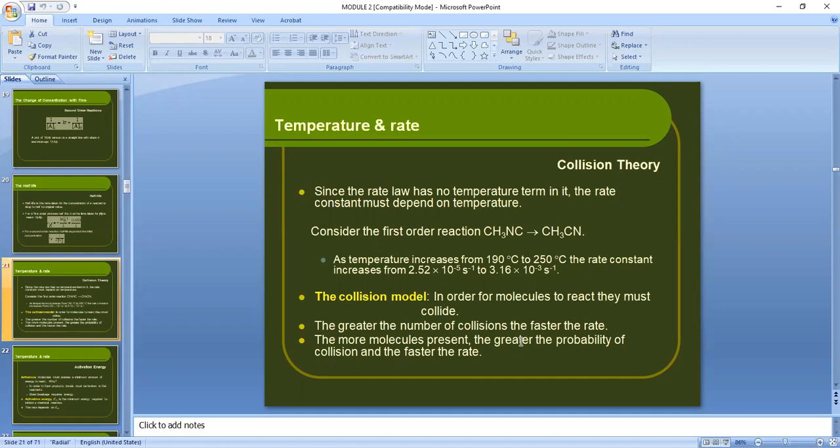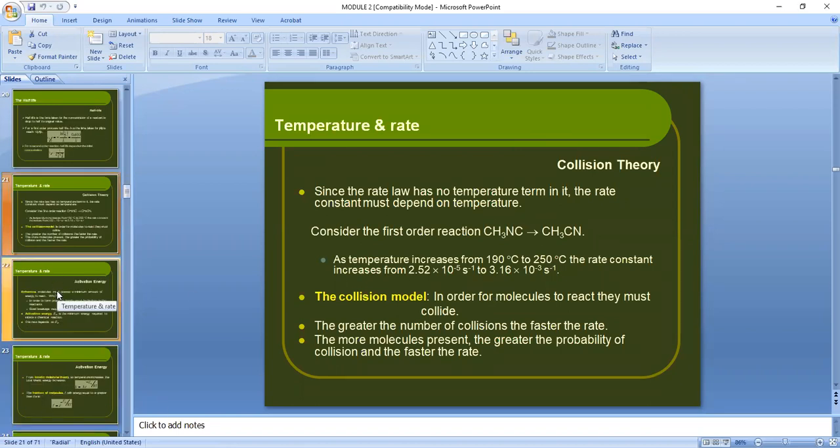What can you recall from your kinetics last year? Gas system. Very good, Sarah and Earl. So collision theory is applicable for gaseous systems. Okay?